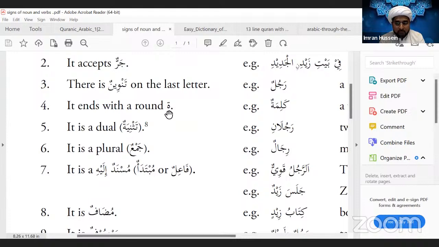Whenever you see any word in the Quran with this ta marbuta, it means the word is a noun, not a verb. A verb will never take a ta marbuta at the end. For example, the words alimatun, radiyatun, mujtahidatun, imra'atun. Whenever this comes, it's always a noun. Like the word kalimatun, which means a word.